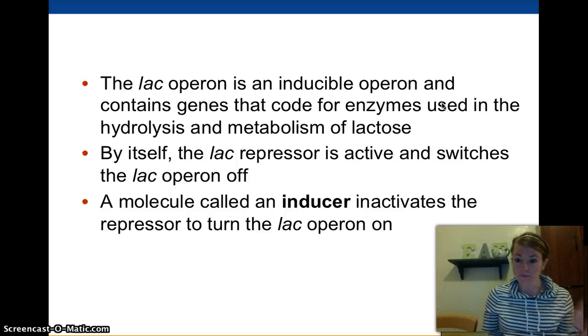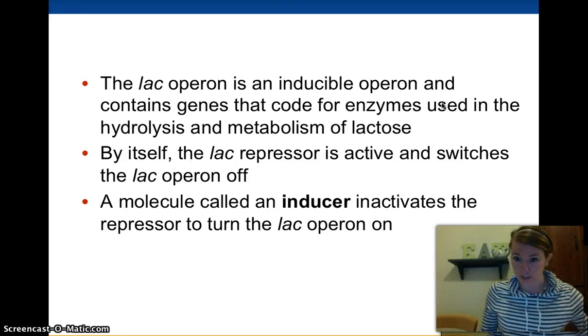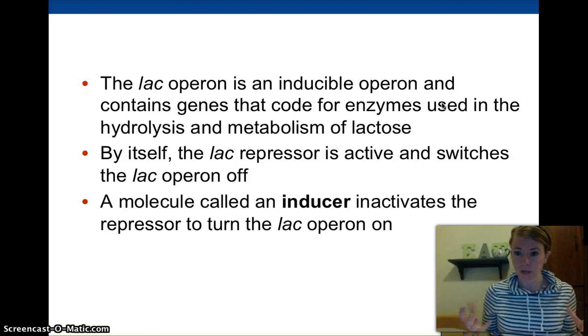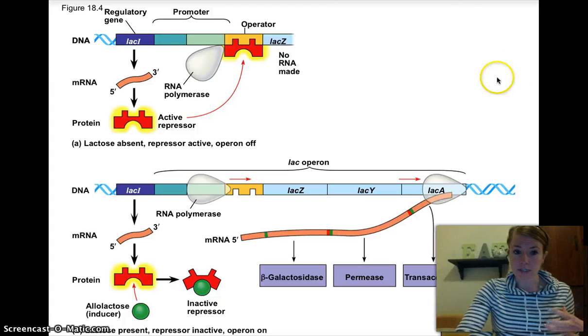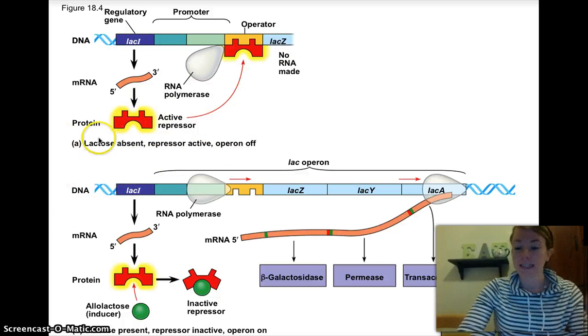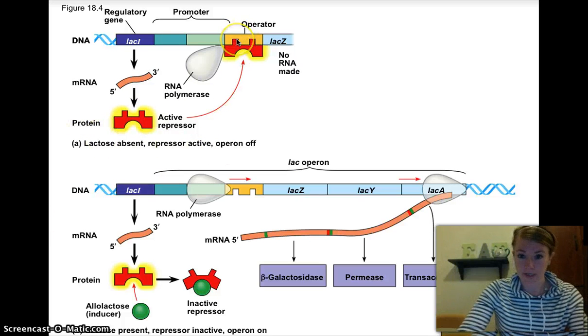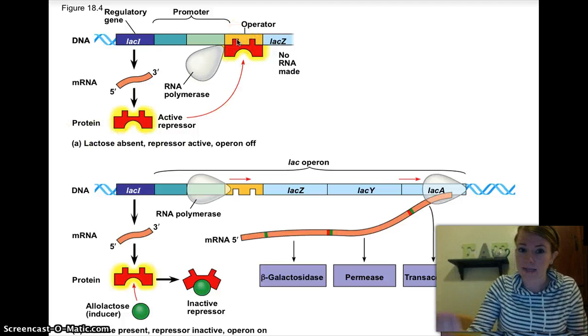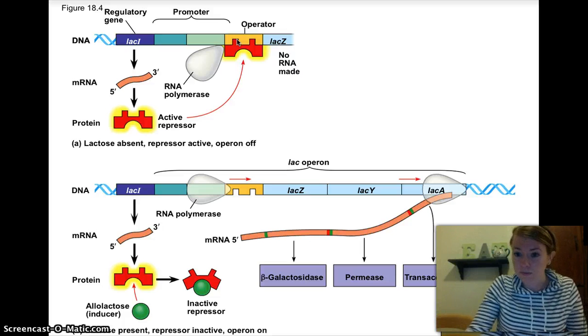So by itself, the Lac repressor is on. Okay, so normally the Lac repressor is on. It doesn't have a co-repressor, nothing like that. It's active, so it can bind to the operator and prevent beta-galactosidase from being made. Okay, because there's no lactose present.